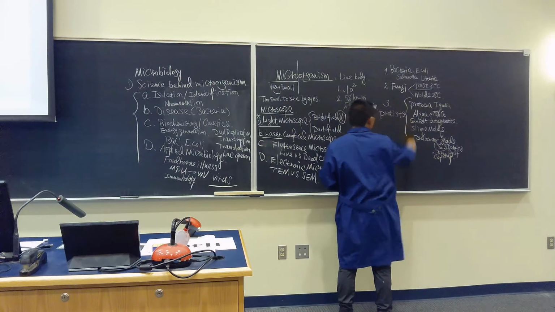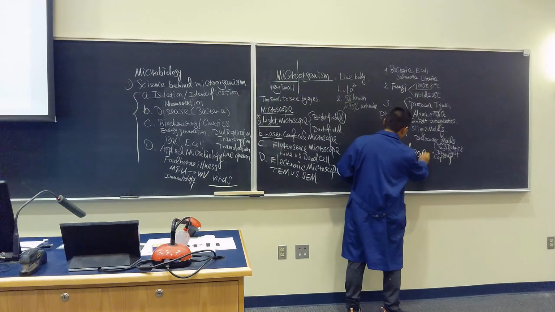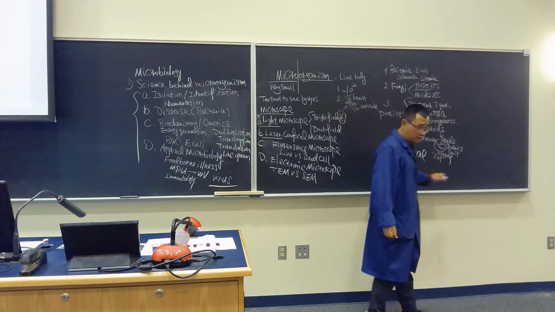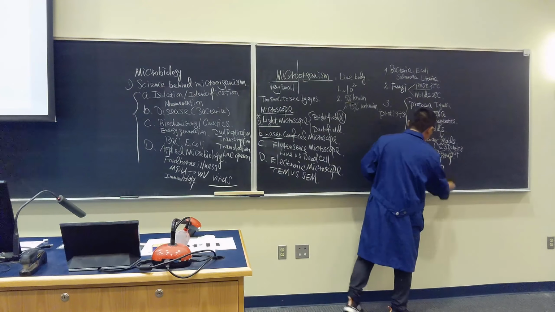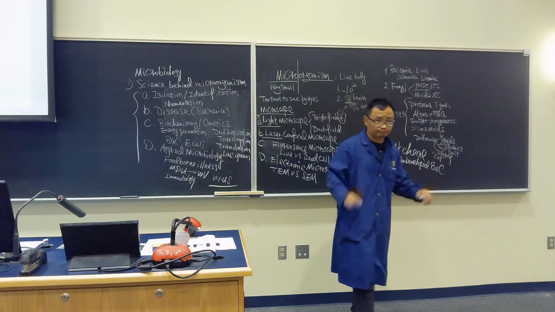The last one, archaea. A-R-C-H-A-E-A is archaea. I will say this: archaea are underdeveloped bacteria. So for example, you learn in your other classes that bacteria has a cell wall, and a major component of the cell wall is peptidoglycan. Archaea have it, but it's a different name.